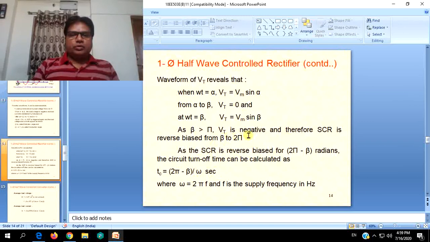From beta to 2 pi, where beta is the extinction angle, it will be reverse biased. From pi to beta it will still be conducting. So the circuit turn off time can be calculated as Tc is equal to 2 pi minus beta by omega seconds, where omega is 2 pi f and f is the supply frequency in hertz or cycles per second.